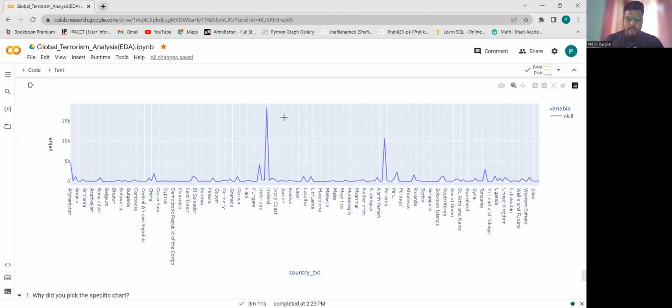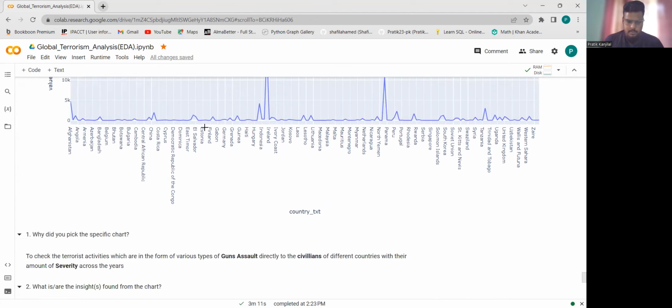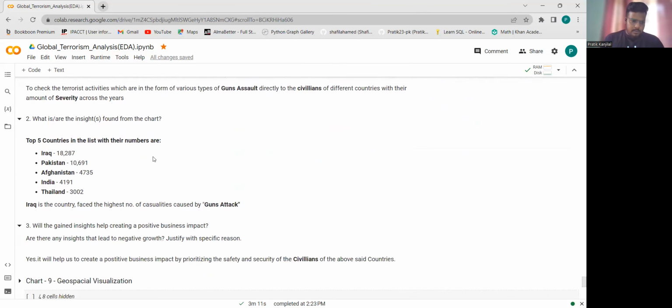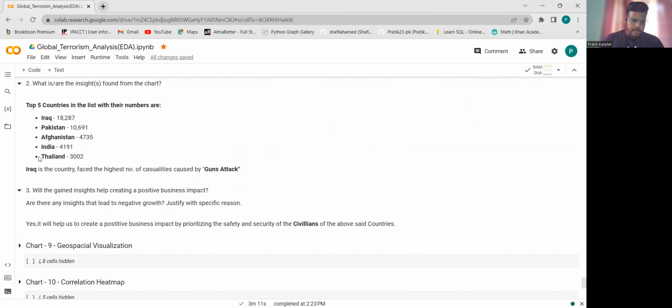Iraq is the topper with a value of 18K, followed by Pakistan, then Afghanistan, and then India and other countries, which are marginally very low. So Iraq is the country which has been attacked the most with armed assaults also. These are the numbers of times these countries have been attacked with guns.